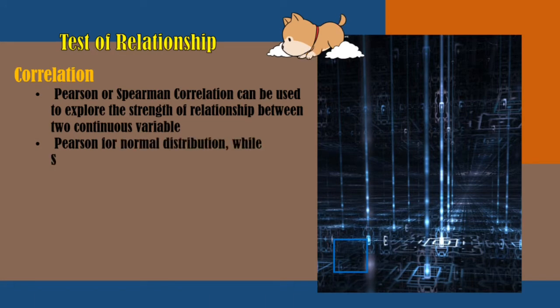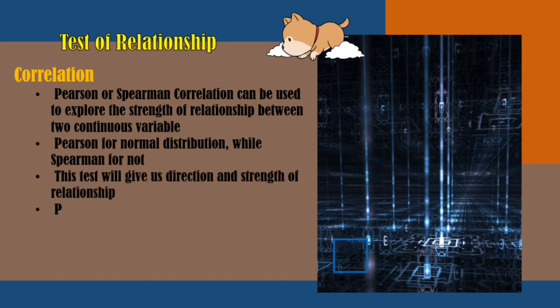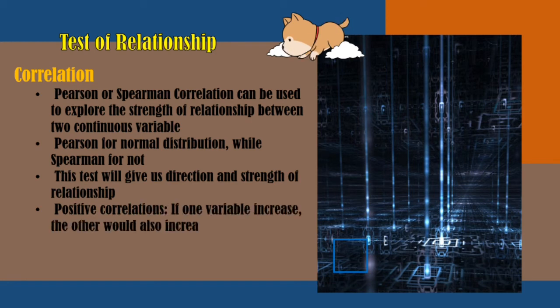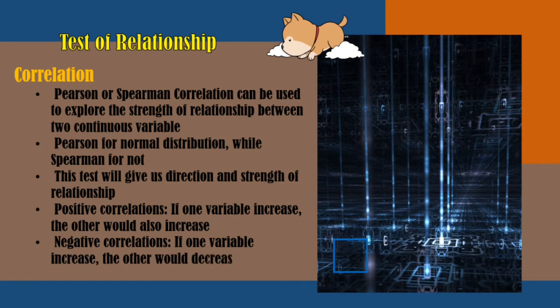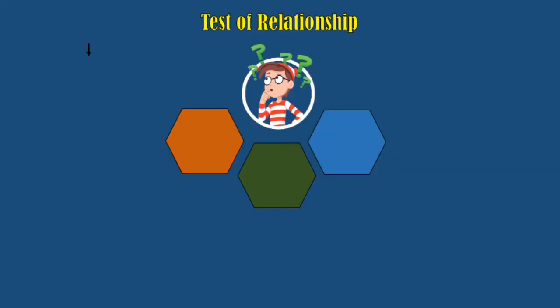So we use the Pearson for normal distribution and the Spearman for not normal distribution. This test will give us direction and strength of relationship. Any positive correlation, that is if one variable increases, the other would also increase. And a negative correlation, that is if one variable increases, the other would decrease.